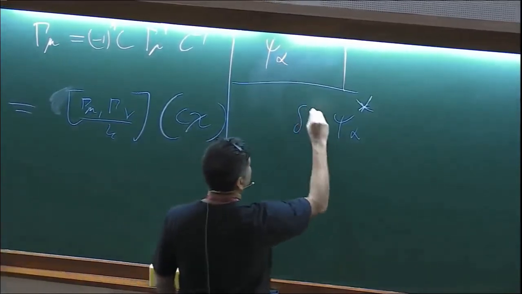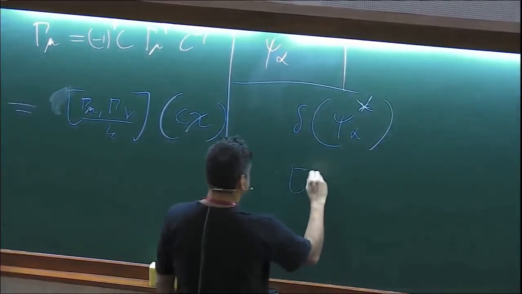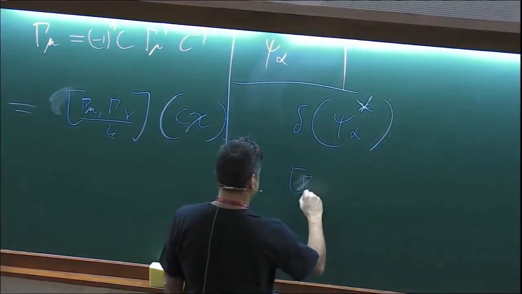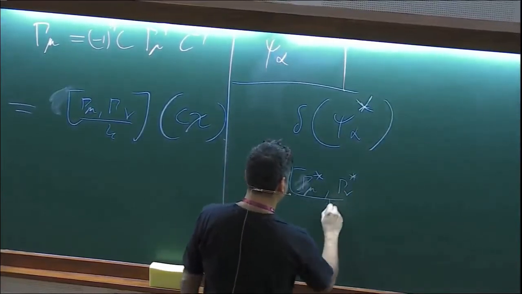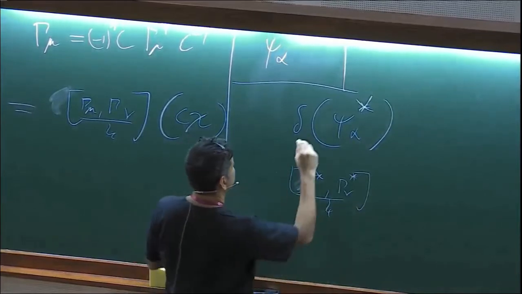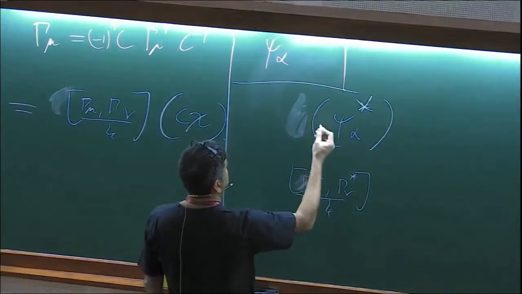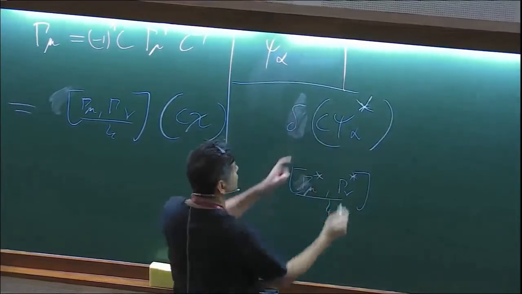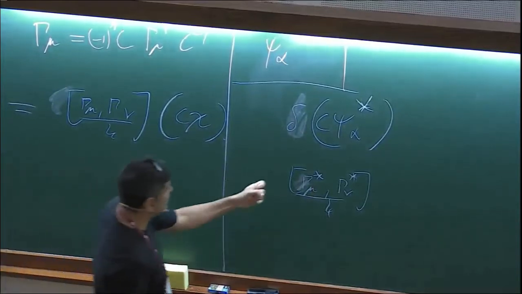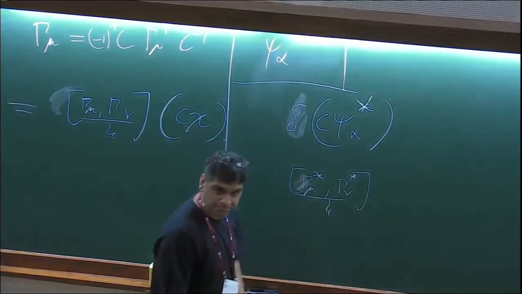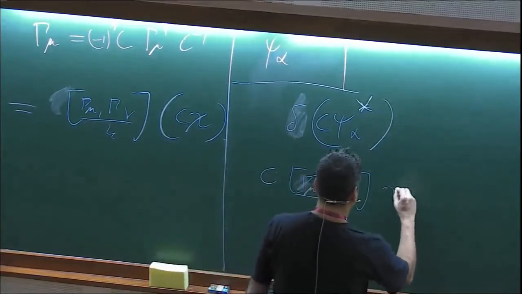Okay, so I want delta of chi star. Sorry, I should have started with delta of C psi star. That's what I want to check. So that is gamma mu star, gamma nu star by 4 times the C times chi star.